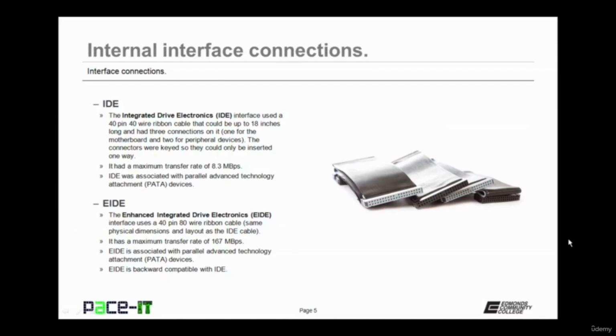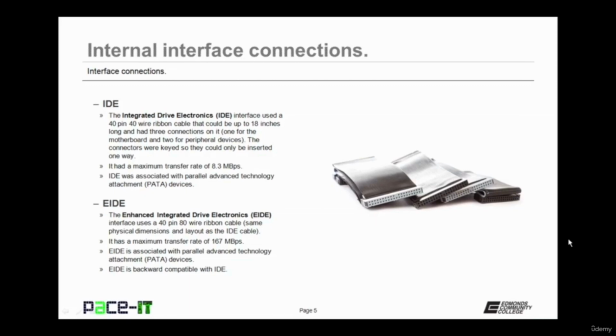Now this cable can be up to 1 meter in length. Now, unlike the IDE and EIDE interface, only one SATA device is allowed per cable. But all SATA devices are hot swappable. That's of questionable value if your hard drive is a SATA hard drive and it's inside the case.